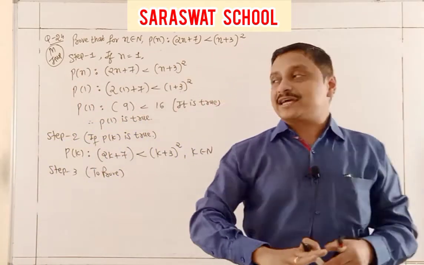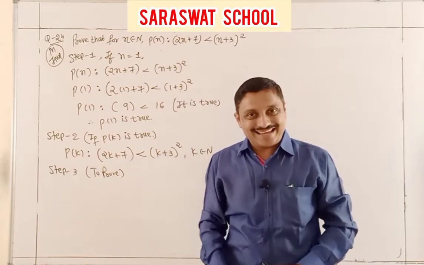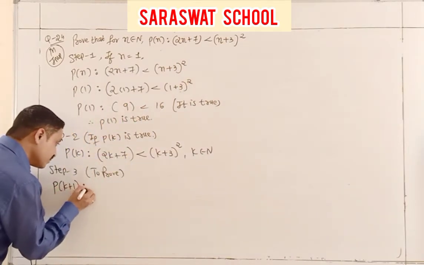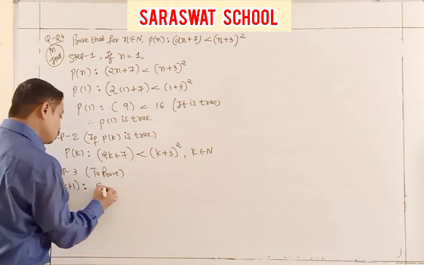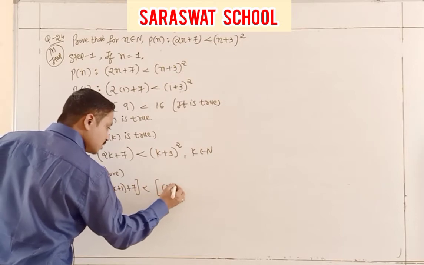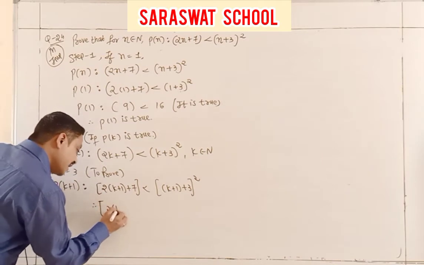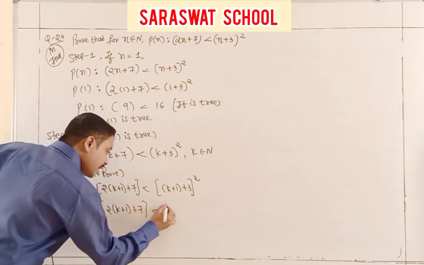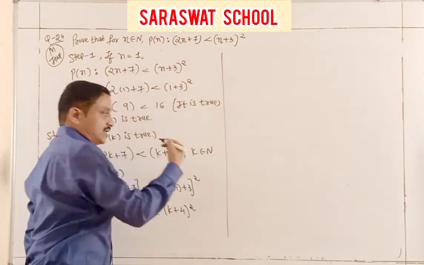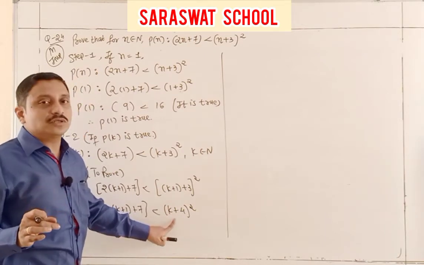Every numerical I explain by step 1, step 2, step 3, the method is the same. Step 3: to prove P(k plus 1). Here, the only change is n to k plus 1: 2(k plus 1) plus 7 less than (k plus 1 plus 3) square. Indirectly, I write (k plus 4) whole square, and that is my target. Students, the target must be clear.